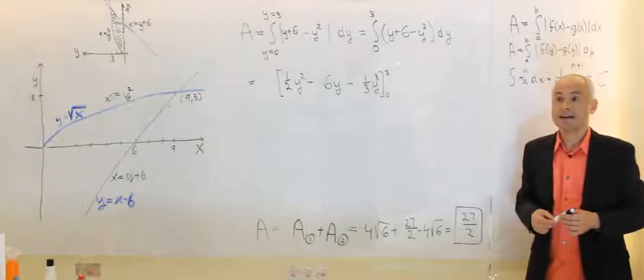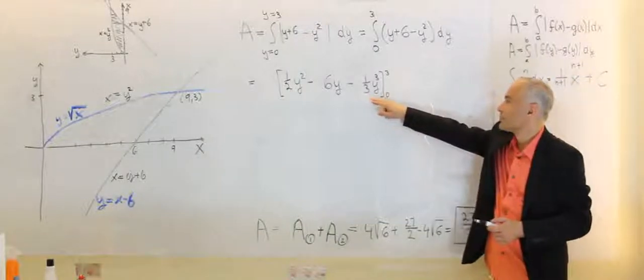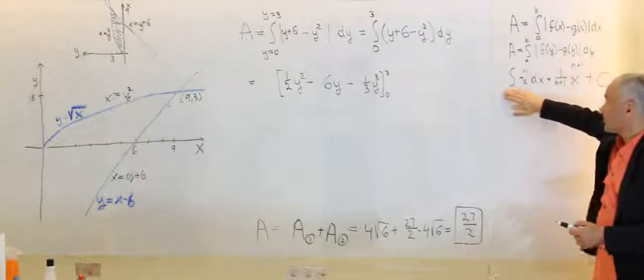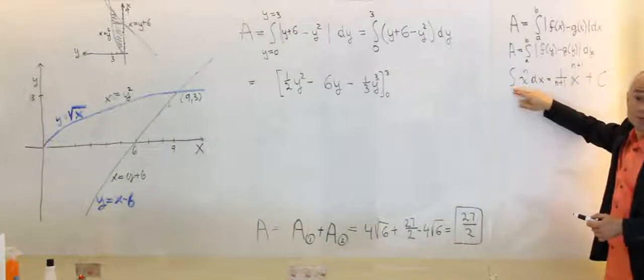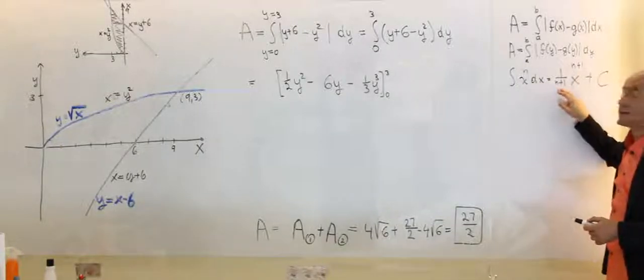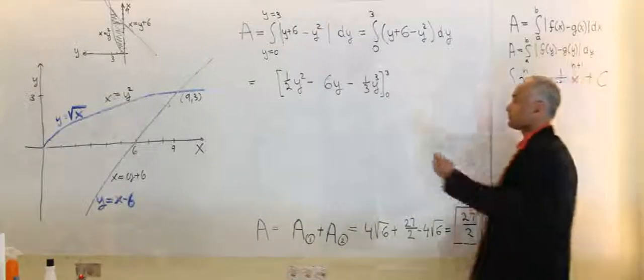This is the material from the lecture on antiderivatives. I got this from y squared by applying the general formula that the integral of x to the n dx is equal to 1 over n plus 1 times x to the n plus 1, plus c.